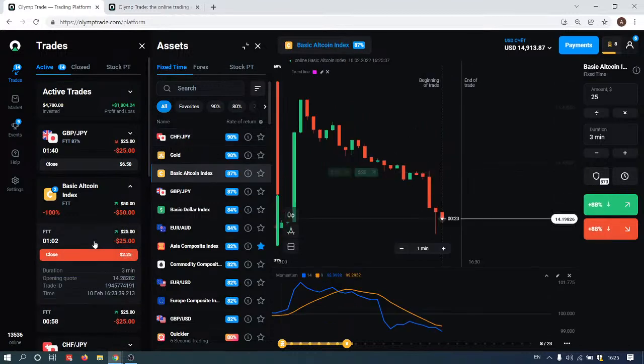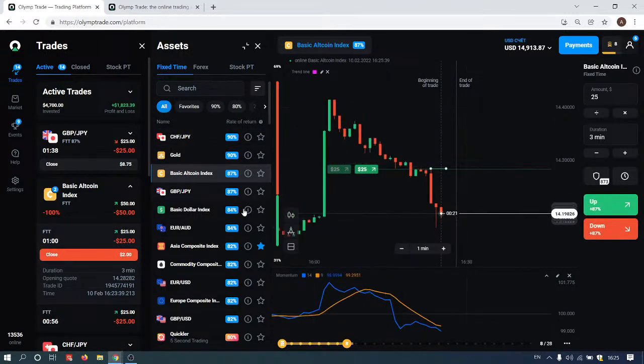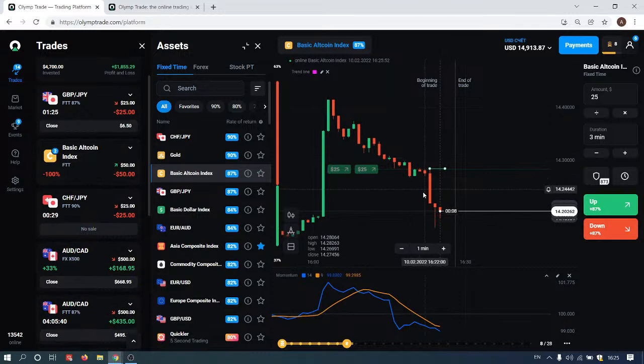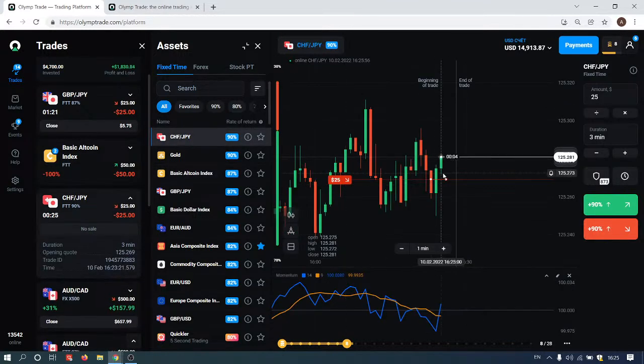So basic altcoin index, it's still, well, anything can happen. So even with such highly volatile assets, I plan on keeping that trade.